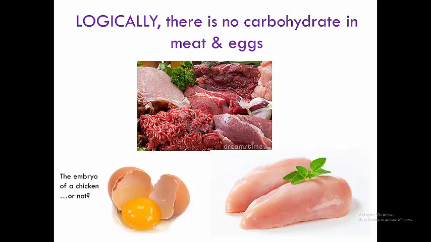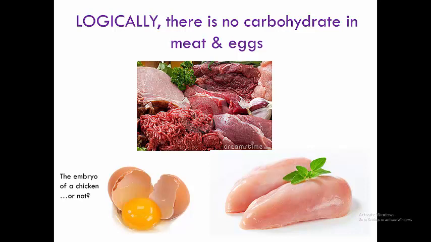Whatever nutrients had been delivered to those tissues are slowly breaking down, because that's what happens when a living thing dies. Eventually, everything decomposes and you have a pile of dust, right? Which is mostly minerals, actually. So, yeah, we're eating dead animals, which means there's no circulating blood, which means there's no carbohydrate in their tissues.